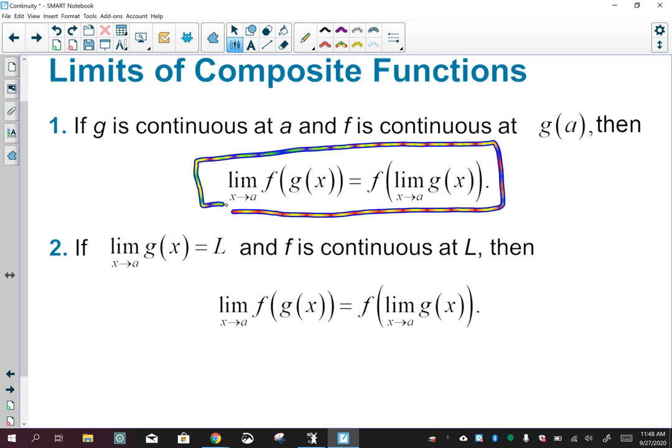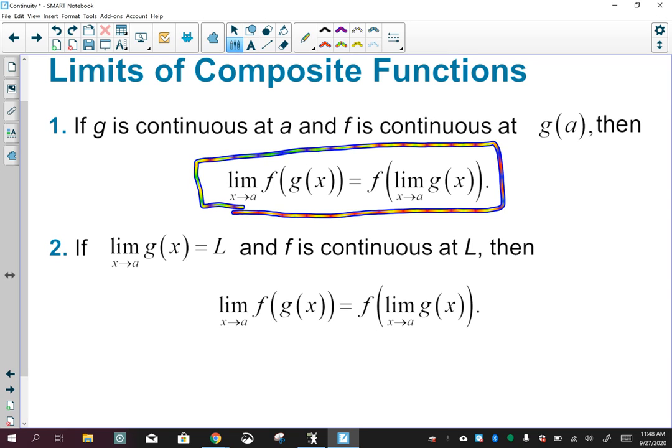That means the limit as x approaches a of f of g of x is the same thing as f of the limit as x approaches a of g of x. So basically, if my limit of g of x exists at a, then I can take that value and put it back into my f of x value, and I should be able to be continuous at that as well.